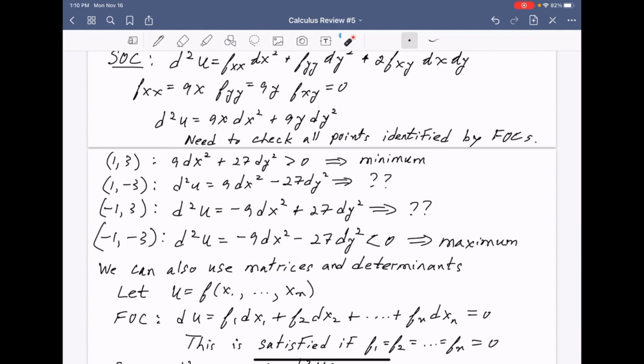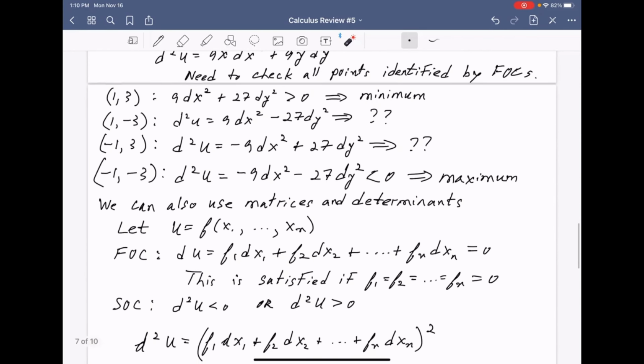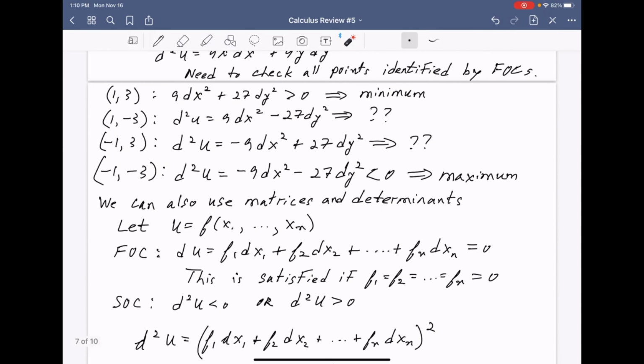But then for minus 1, minus 3, we get d squared u equals minus 9 dx squared minus 27 dy squared, which is clearly negative, which implies that we have a maximum at this particular point. Remember, we're looking at the value of u at these points and not the value of the points themselves.